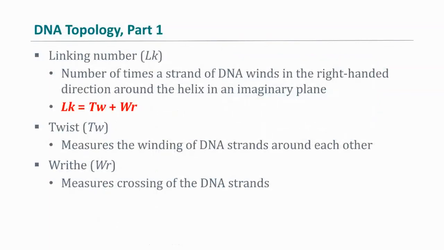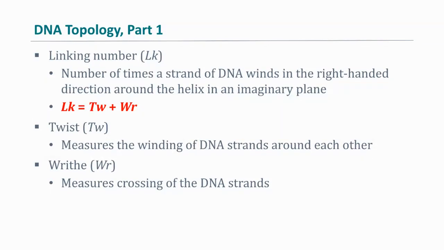And the DNA topology is important because all the nucleic acid-based cellular activity is relevant to the DNA topology. For example, during DNA replication and transcription, you need to open up the double helix. When you open up the double helix, you increase the supercoil in the DNA molecule. That's why we also discussed the linking number.